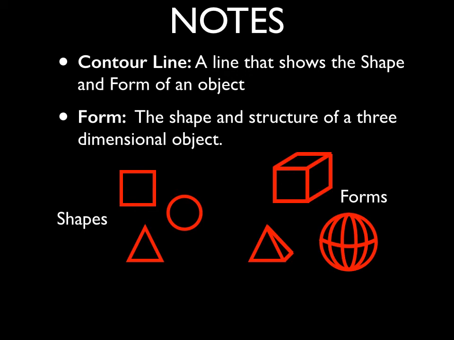But what we want to draw is three-dimensional forms like cubes, pyramids, and spheres. And in order to draw those forms, we need contour lines. Contour lines are what make the cubes look like cubes, the spheres look like spheres, and the triangles look like triangles, based off of these extra lines, the contour lines.